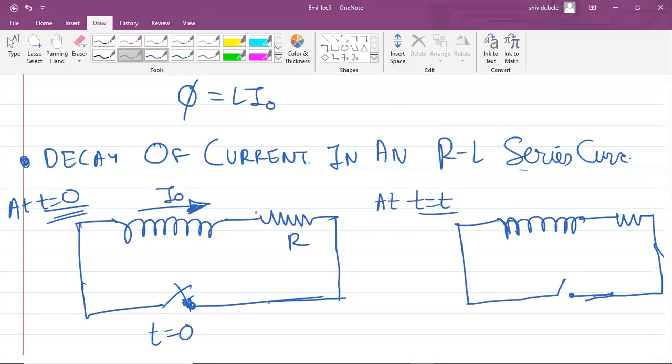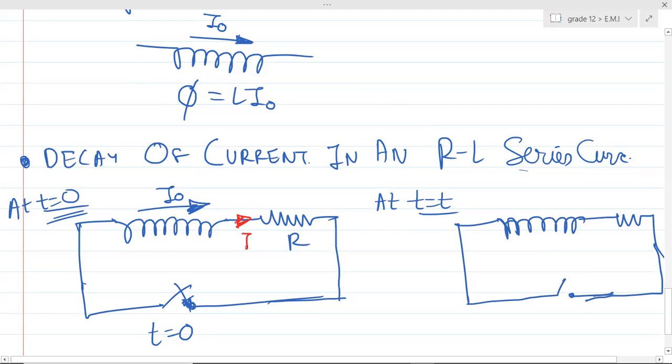here at t equals 0, what is the current flowing in the circuit? I naught is flowing. But when this current starts flowing, it will start decreasing, and then this inductor will try to oppose that change. So at any general time t, let's say the current in the circuit becomes small I, general current I, right?